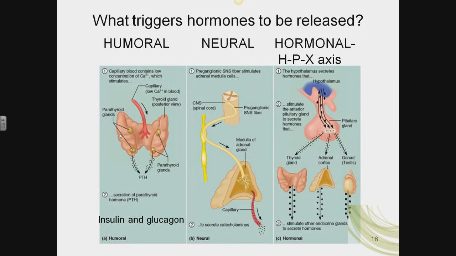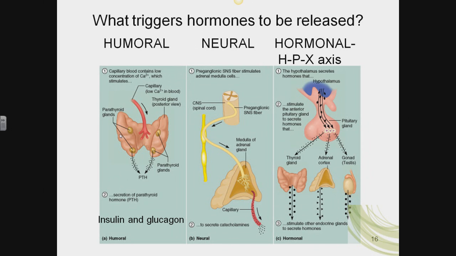Now, the major way to get hormones released is through a hormonal pathway. And typically, when we describe a hormonal pathway, it means one endocrine gland releases a hormone that targets a second endocrine gland that releases a hormone that targets a third endocrine gland that releases its hormone. So we usually say HP blank axis.